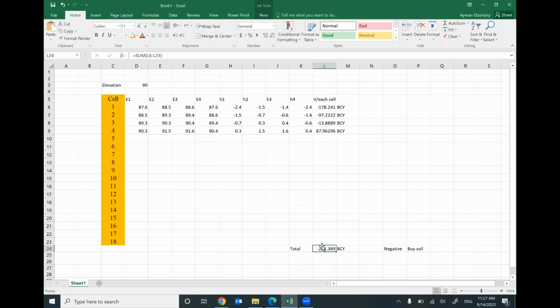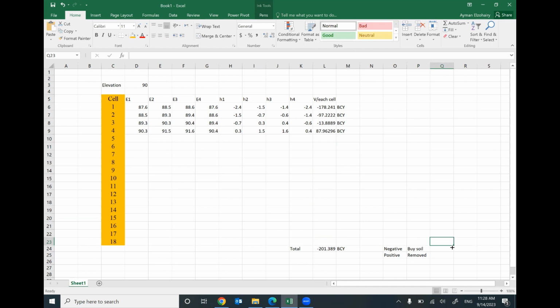Because the total amount for the whole cells is negative, the final conclusion looks like I have a shortage in soil. I need to fill. If the final value for the total is positive, that means I will have extra soil that needs to be removed from the site. That makes sense?